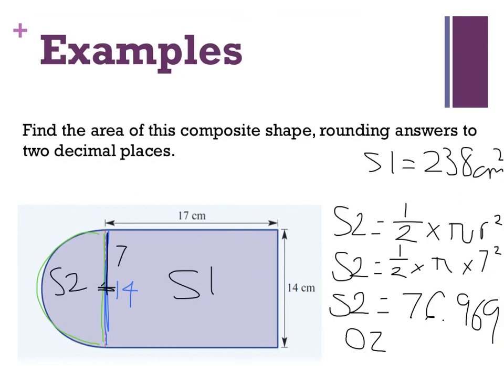I get an answer of 314.969 centimetres squared. If I round that to 2 decimal places, this is a 9, so this one goes up and becomes a 7. So my answer for this question is 314.97 centimetres squared. And that's it, guys. That's working out perimeter and area of composite shapes.